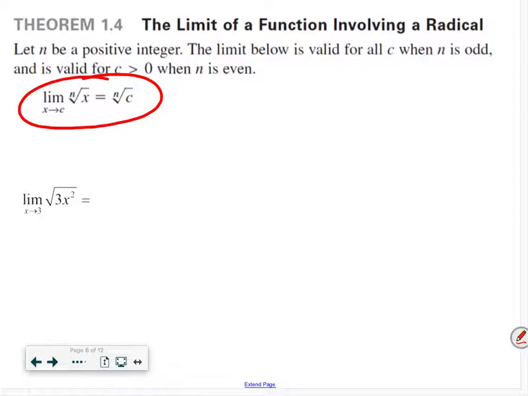Okay? The problem would occur if I asked you for the limit as x approaches -2 of radical x. You can't do that. It doesn't belong in the domain. Okay? I won't do that to you. But as long as that c value is in the domain of our radical function, we're good to go. Okay? So we have that example right there that you can write down.